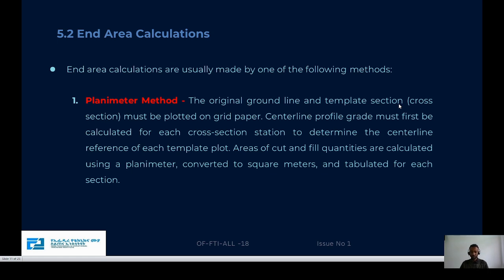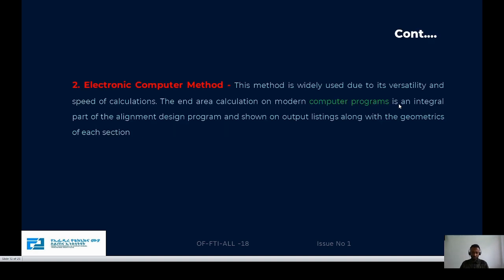The cross section may be plotted on grade paper. When plotting, the center line profile grade must be calculated from each cross section, and the center line references also determined. Lastly, calculate the area, and we have a table of each section.